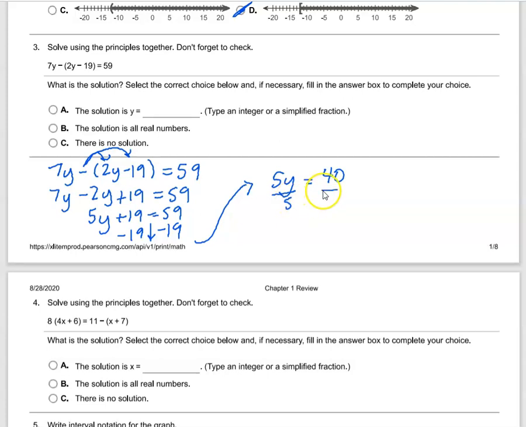Then we're going to want to divide both sides by 5, and so y is going to be equal to 8. So the solution is y equals 8. And remember, you can always check by plugging in 8 for y and making sure that it equals 59.